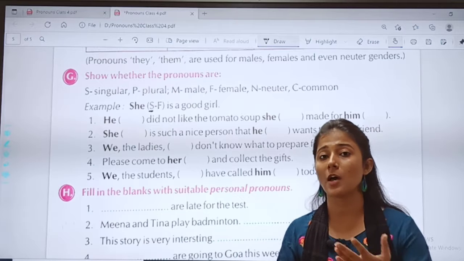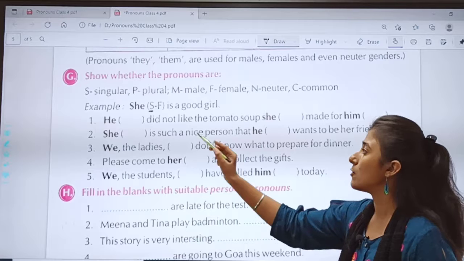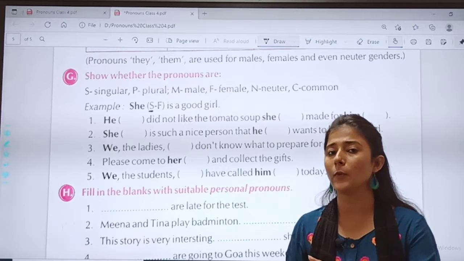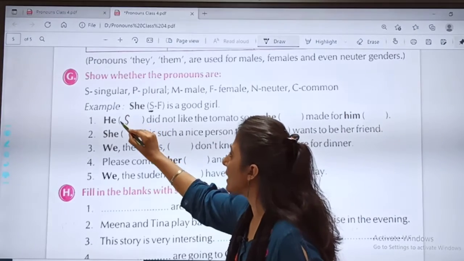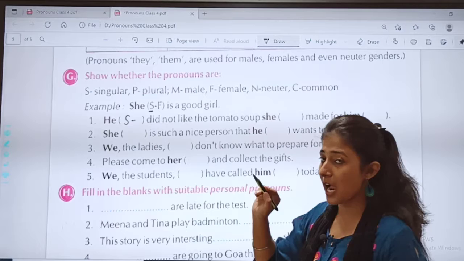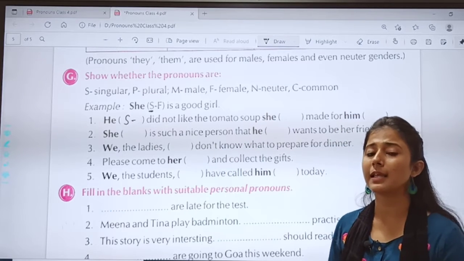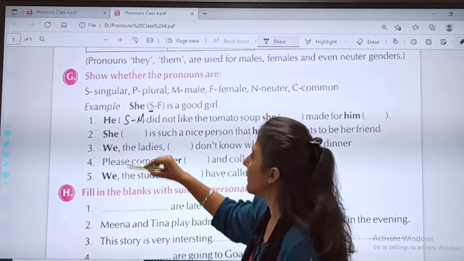Now in this, pronouns are already written in bold letters. He. First we will write about he. He is singular or plural? Only one person. Singular, so you will write S, dash, then he is male, female, neuter or common? Yes, male. So here you will write M.